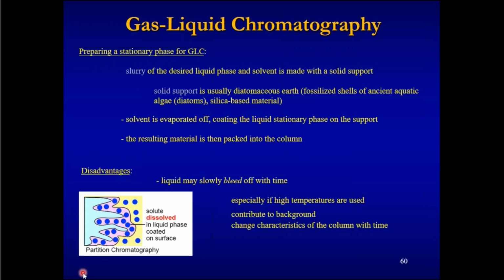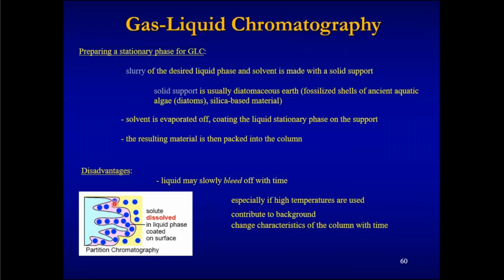What are the disadvantages of gas liquid chromatography done in a packed column? Liquid may slowly bleed off with time. This bleeding of stationary phase is a common occurrence in the case of liquid stationary phases whenever they are coated or absorbed onto a solid support.